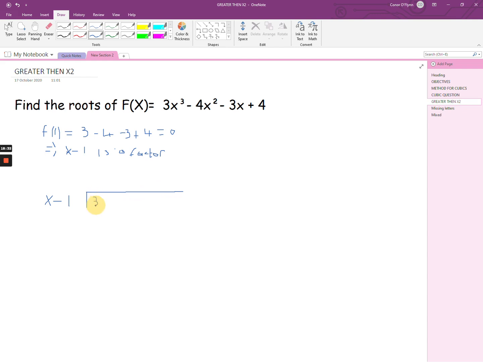So we'll divide it in. Okay, so set up our rough work here.